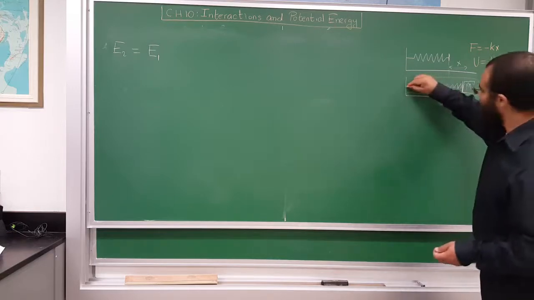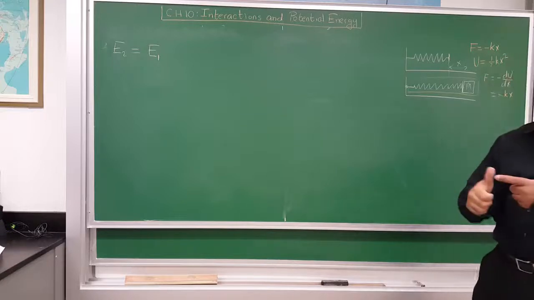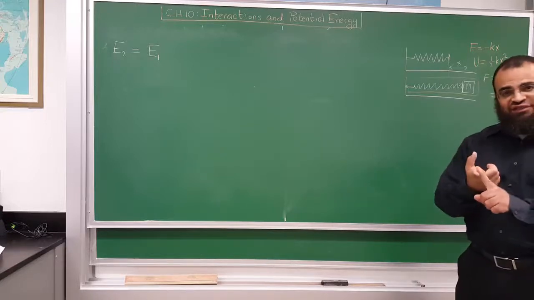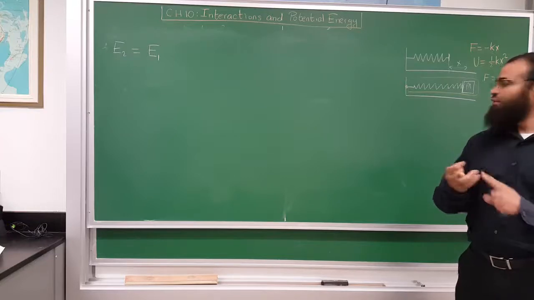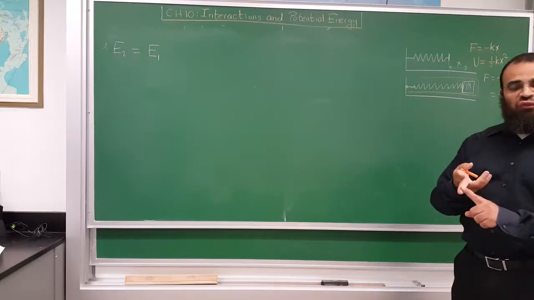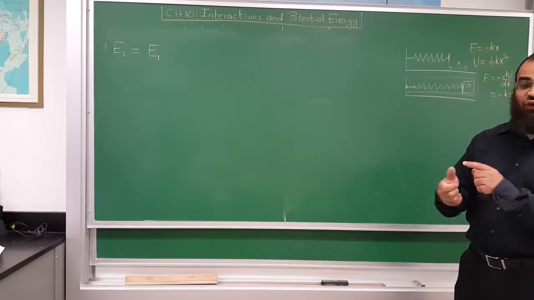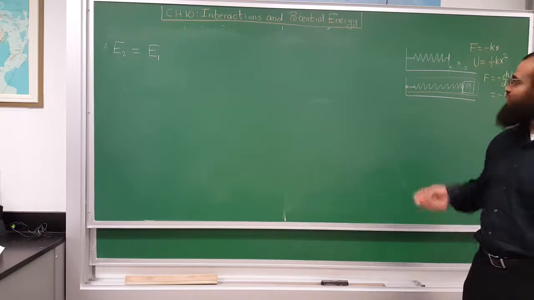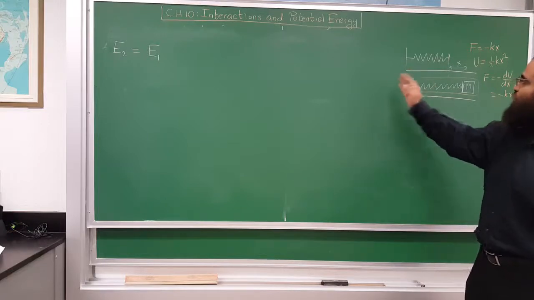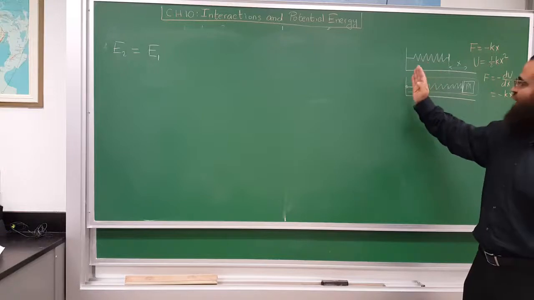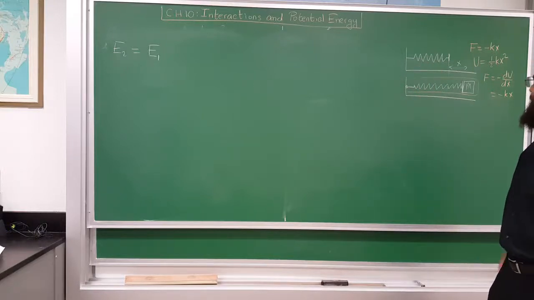Well, look at this point of attachment. Remember, to do work, you need to apply a force over a certain distance at an angle that is not 90 degrees. If the angle is 90 degrees, your work is zero. If the force is zero, the work is zero. But if also the displacement is zero, the work is zero. But this does not displace. The wall is rigid, the wall doesn't move back and forth. It's fixed, so it's not doing any work. Okay? So the wall does not do any work.